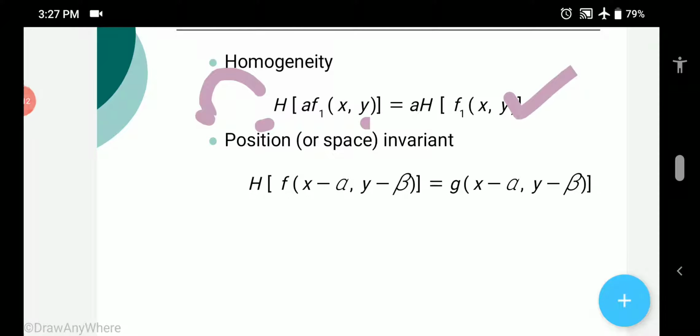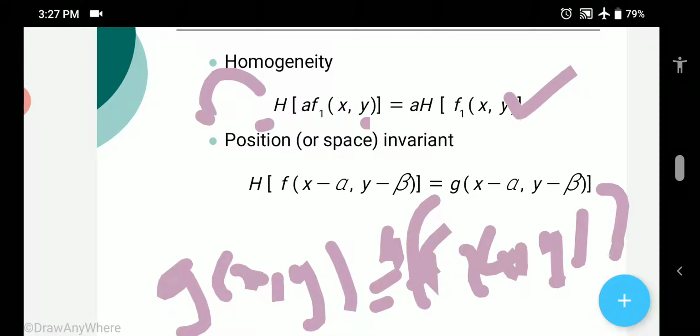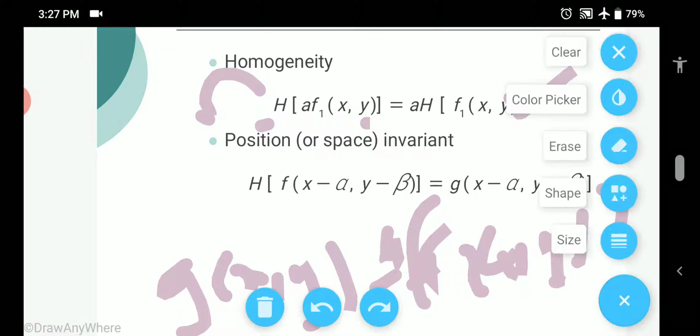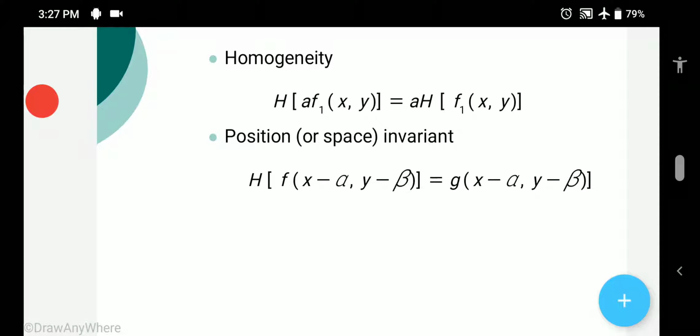An operator having the input-output relationship g of x comma y is equal to h of f of x comma y is said to be position invariant or space invariant if h of f of x minus alpha comma y minus beta is equal to g of x minus alpha comma y minus beta, for any f of x comma y and any constants alpha comma beta.